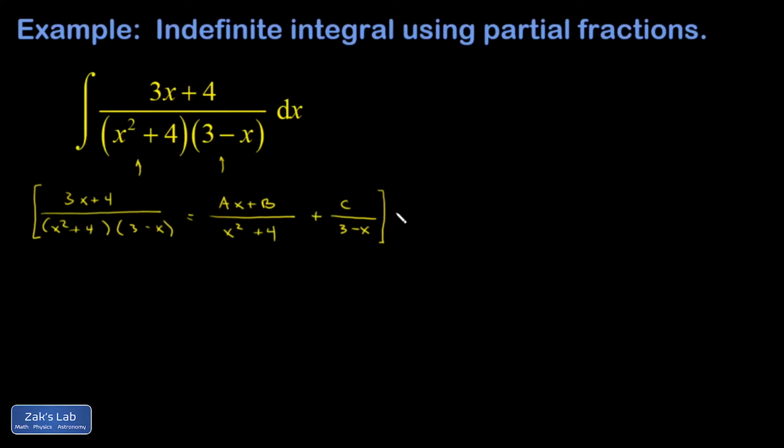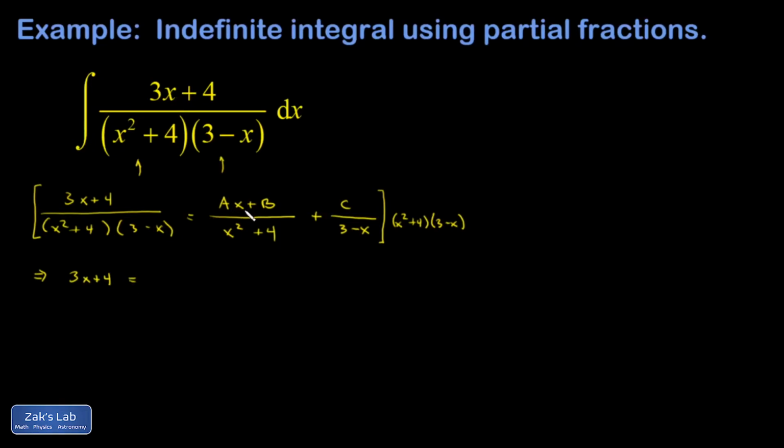So we're going to multiply by a least common denominator. Apply that to all three of these terms. And when I apply it on the left-hand side of the equation, it's going to cancel the entire denominator, giving me a 3x plus 4.